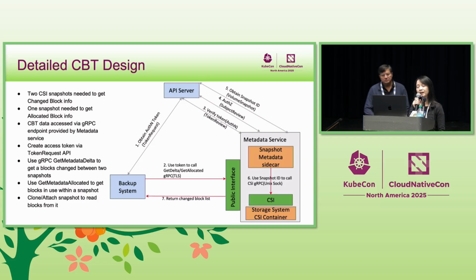It then obtains the snapshot ID from the volume snapshot. Then the snapshot metadata sidecar calls the CSI driver using that snapshot ID to get the snapshot metadata. After that, the backup application can create a PVC from the volume snapshot, attach that PVC to a data move pod, and read blocks from it.